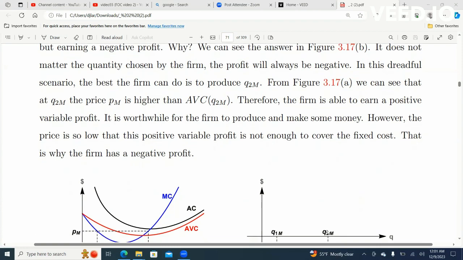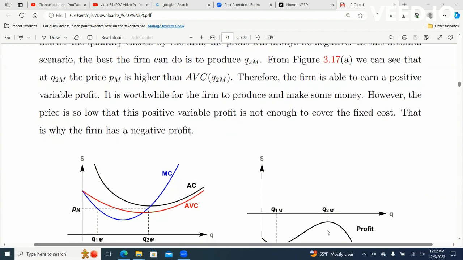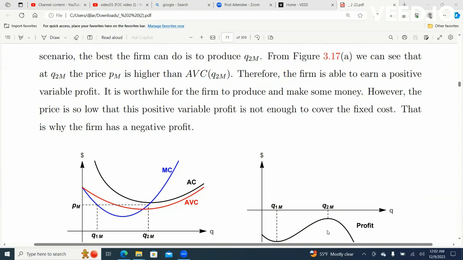It does not matter the quantity chosen by the firm. The profit will always be negative. In this dreadful scenario, the best the firm can do is to produce Q2M. From figure 3.17a, we can see that at Q2M, the price PM is higher than the AVC of Q2M.